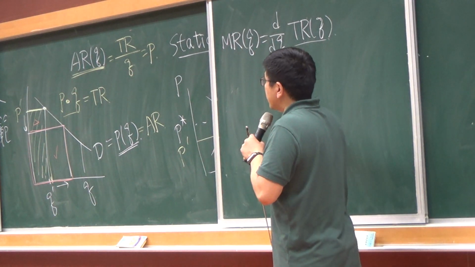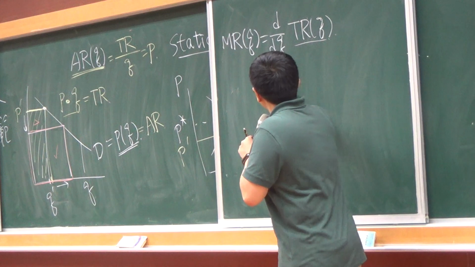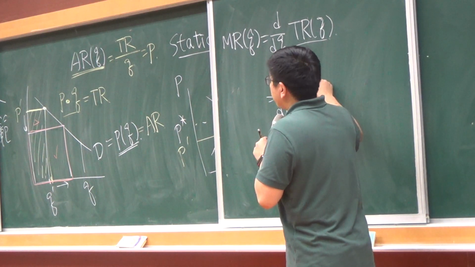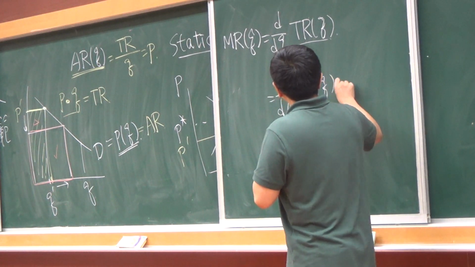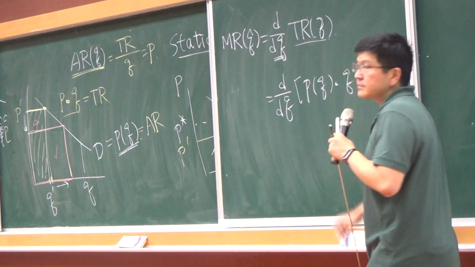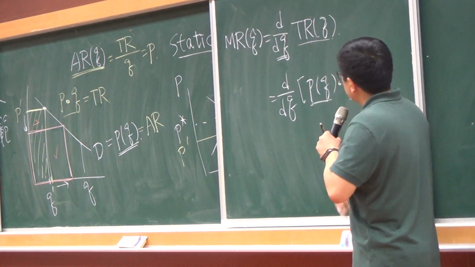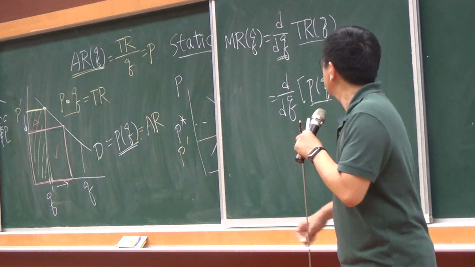And we know that the total revenue is actually P(Q) multiplied by Q. So it's a product of P of Q and Q. So we just apply the product rule.